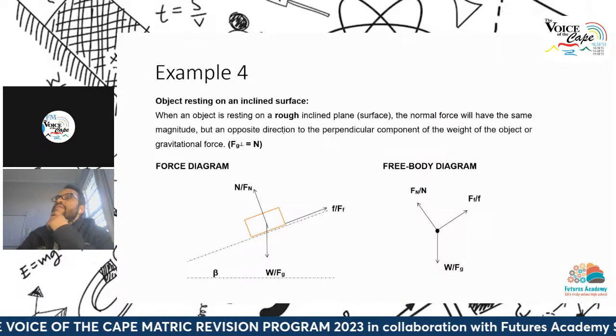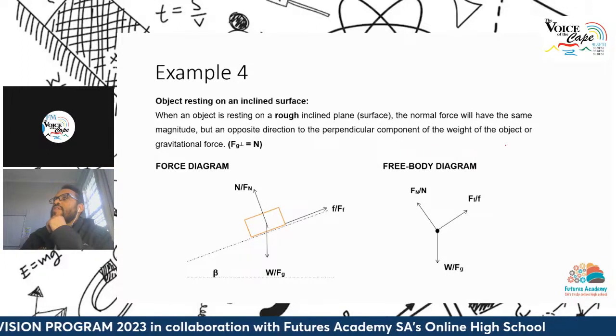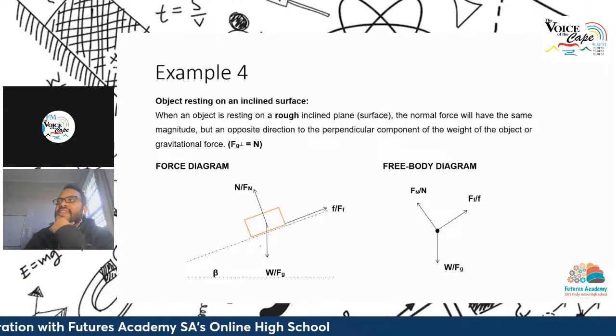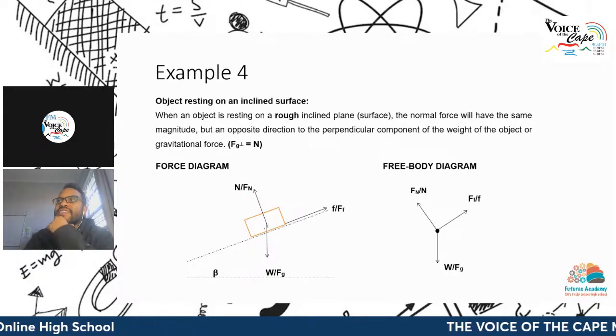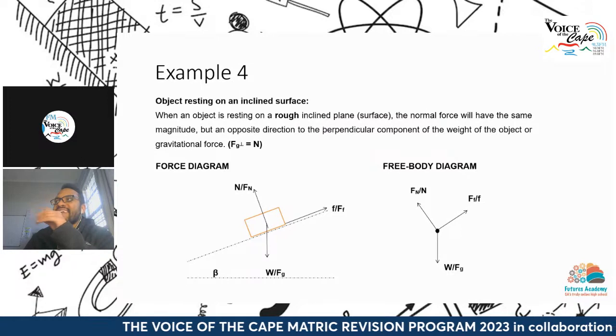The normal force will have the same magnitude, but in opposite direction to the perpendicular component of the weight of the object, or the gravitational force. So if you look at the force diagram, we've got weight acting downwards, we got the normal force acting perpendicular to the slope. And then because the object is resting on a rough inclined plane, it's resting, right?